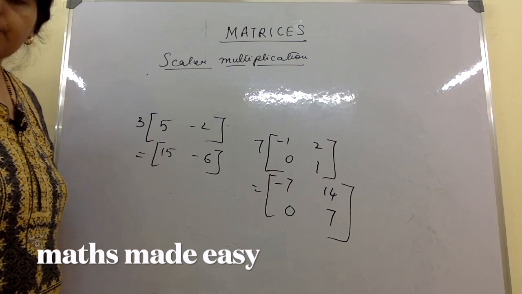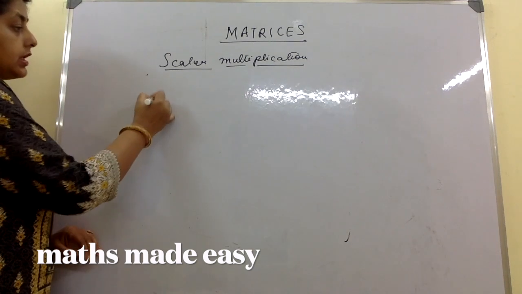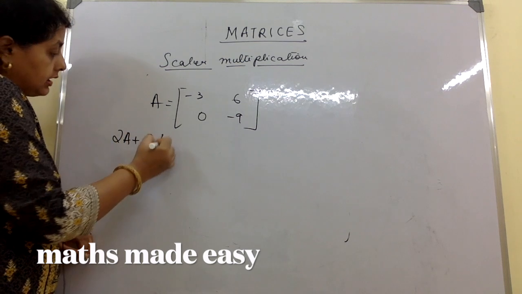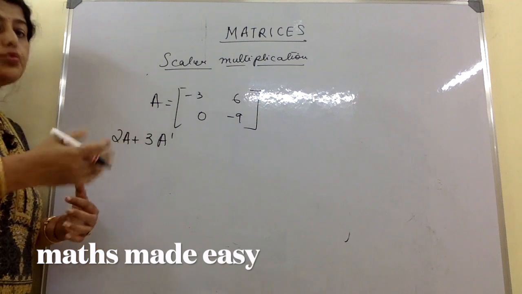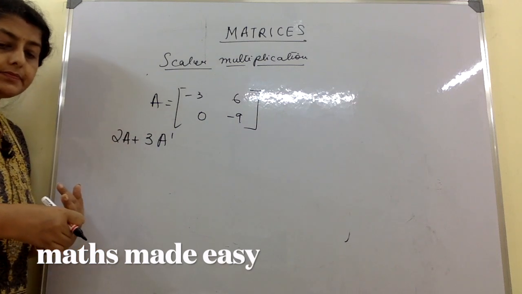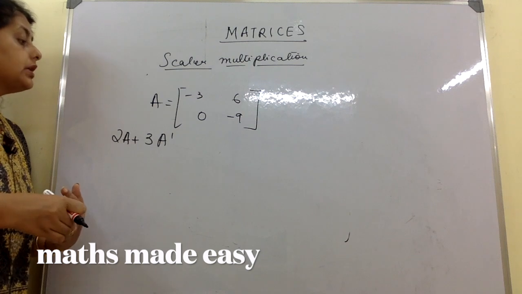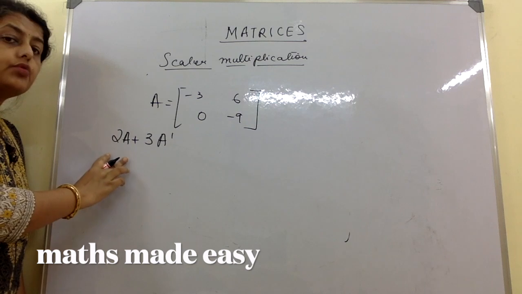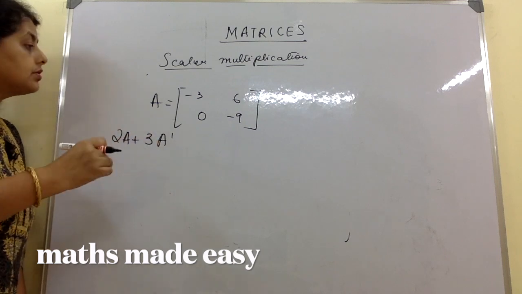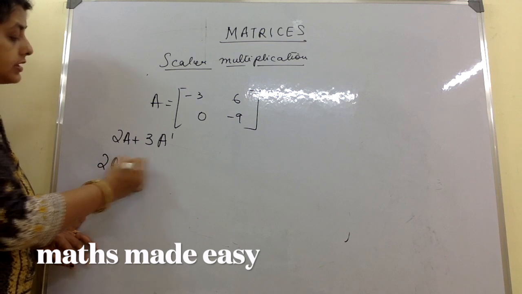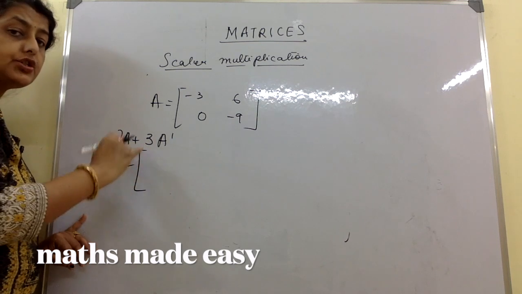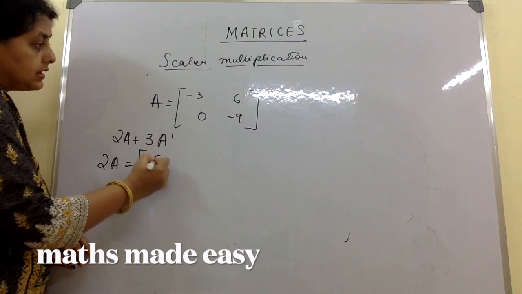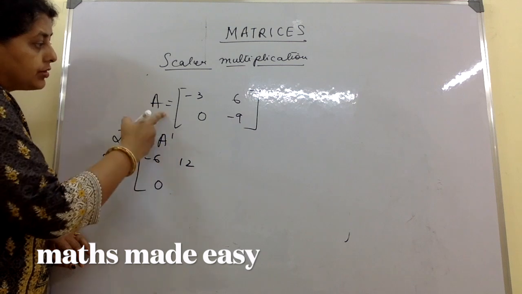So let me take up a few sums so you get a better idea of this. Supposing A is equal to this, you have to find 2A plus 3A dash. How do you find 2A plus 3A dash? Be very specific, find each and every part separately. 2A is minus 6, then 12 and then 0 and minus 18, because I am multiplying this with a 2.